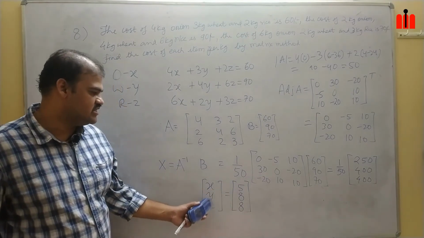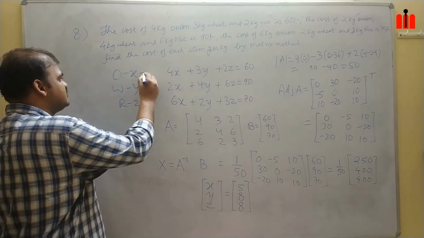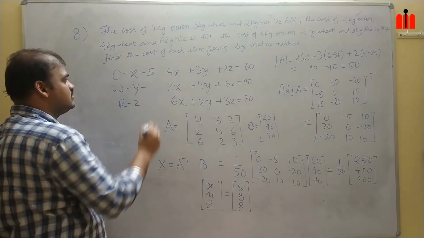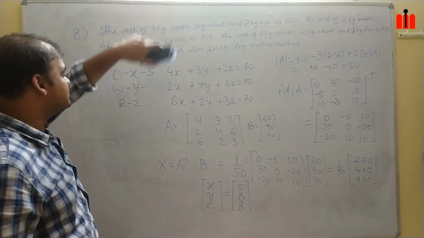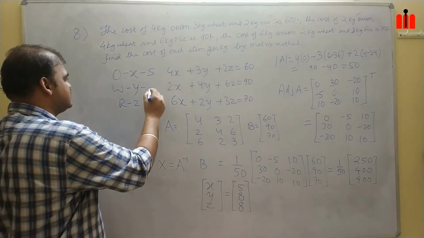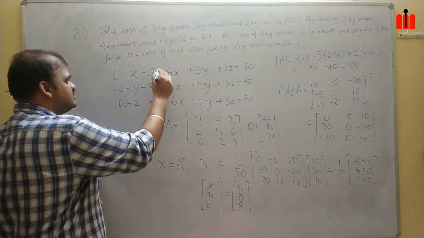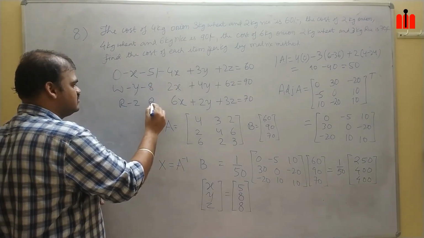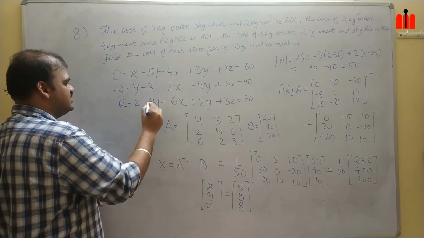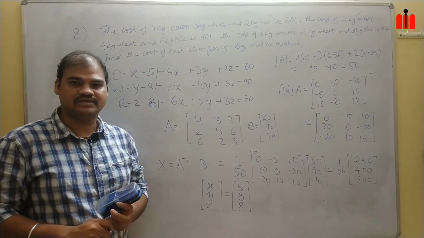So X is 5, Y is 8 and Z is 8. So the onion's price is 5 rupees. Okay. The onion's price is 5 rupees. 8 rupees is the wheat price and 8 rupees is the rice price. Okay. So 5 rupees, 8 rupees and 8 rupees.